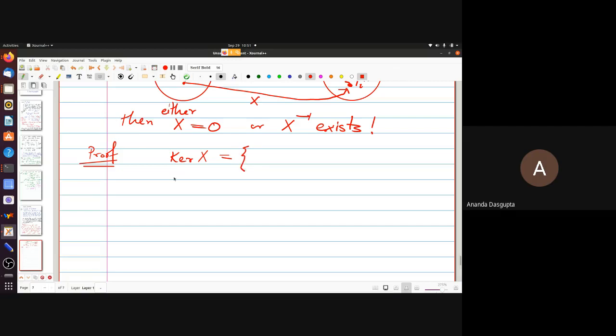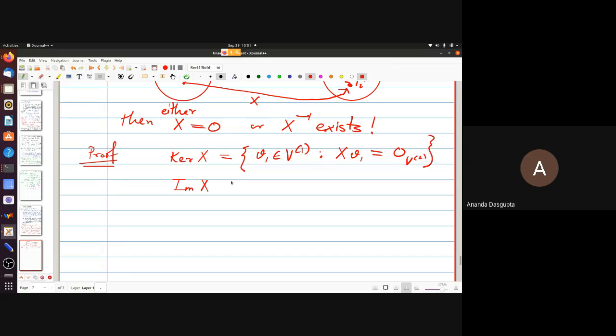you know these two subspaces, right? Kernel of X, which is all elements v1 belonging to V1 such that X v1 is 0. Of course, when I say 0, I really mean 0 of capital V2, but that's something we will take for granted.